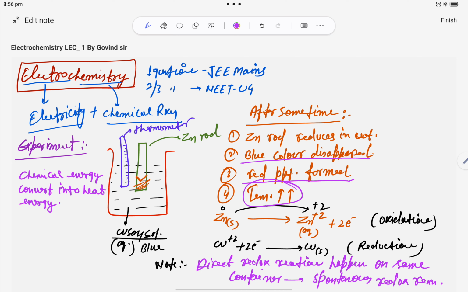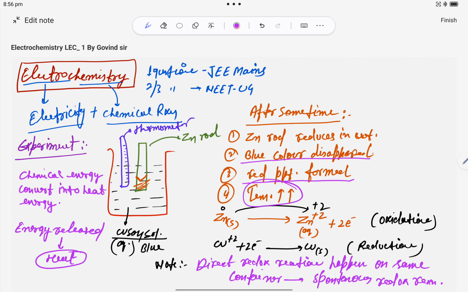Chemical energy converted into heat energy. That means during the process, energy is released, and energy is released in the form of heat.